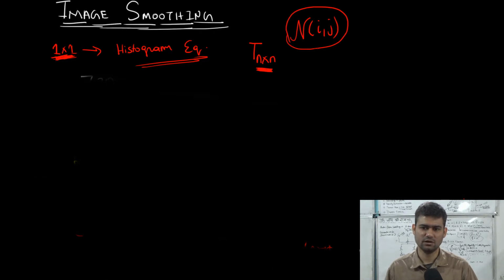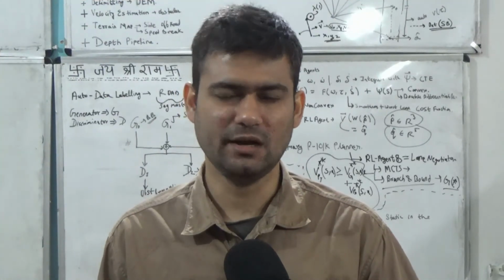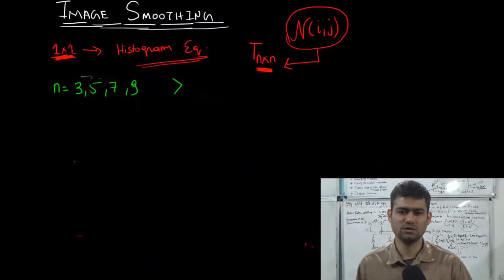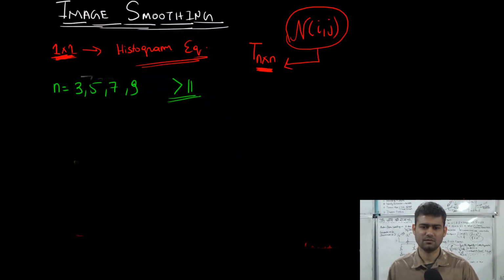and this neighborhood is of dimension n cross n, where for most of the common filters, the value of n is usually 3, 5, 7 or 9. It is usually unlikely for a filter to be of size more than 11, or for the filter size to be more than 17.